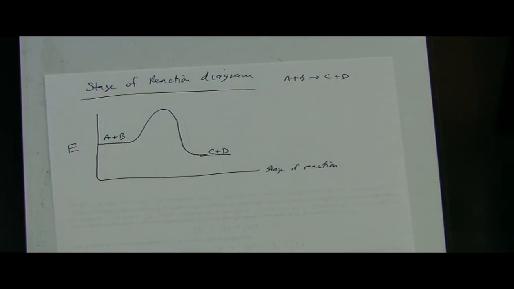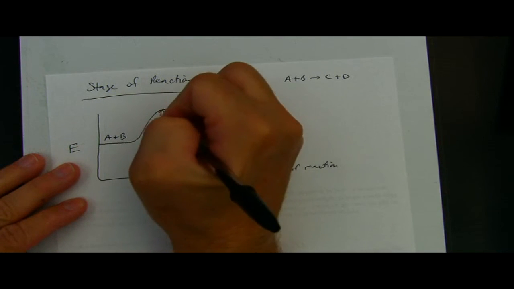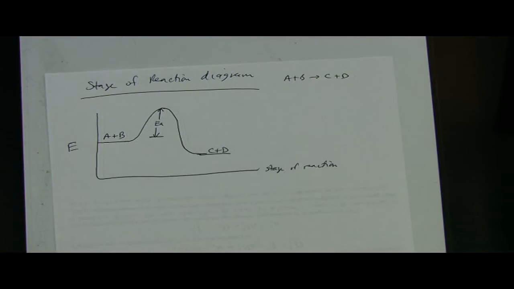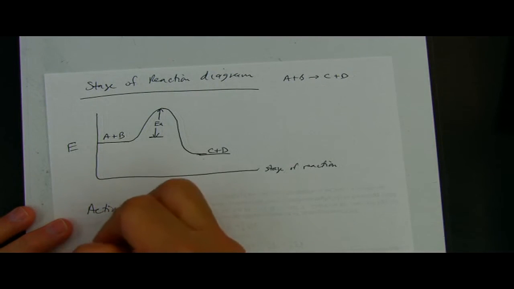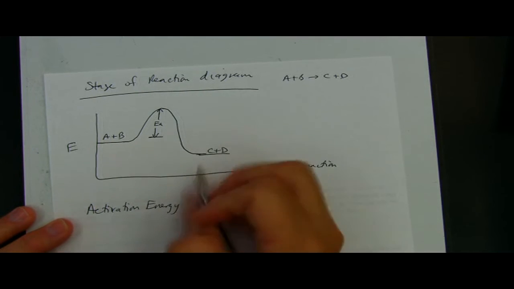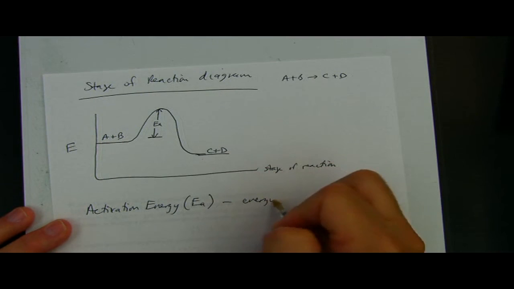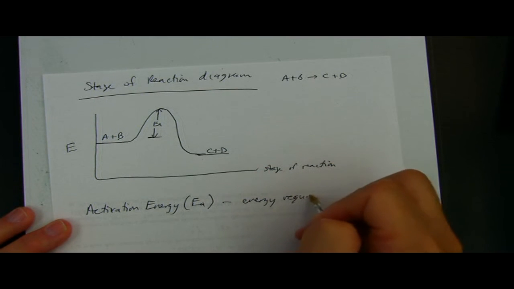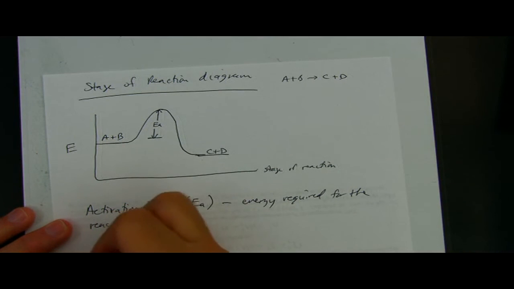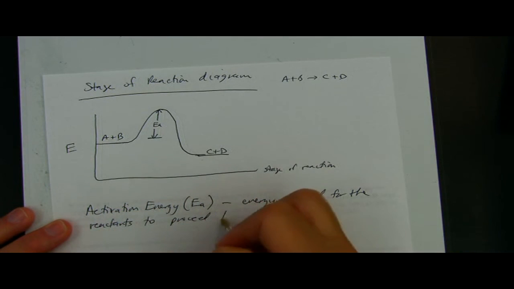There's some minimum amount of energy, this amount right here. We call that the activation energy, given the symbol E sub A. It's the energy required for the reactants to proceed to products.